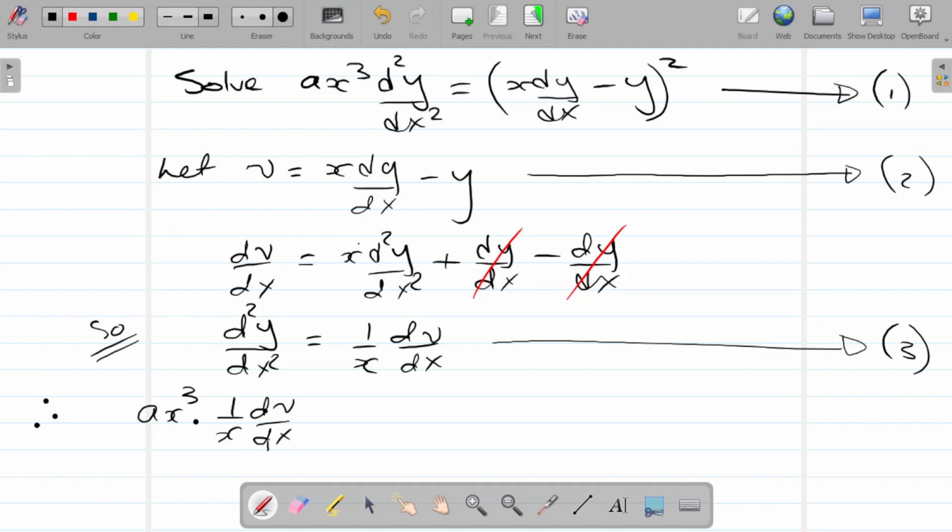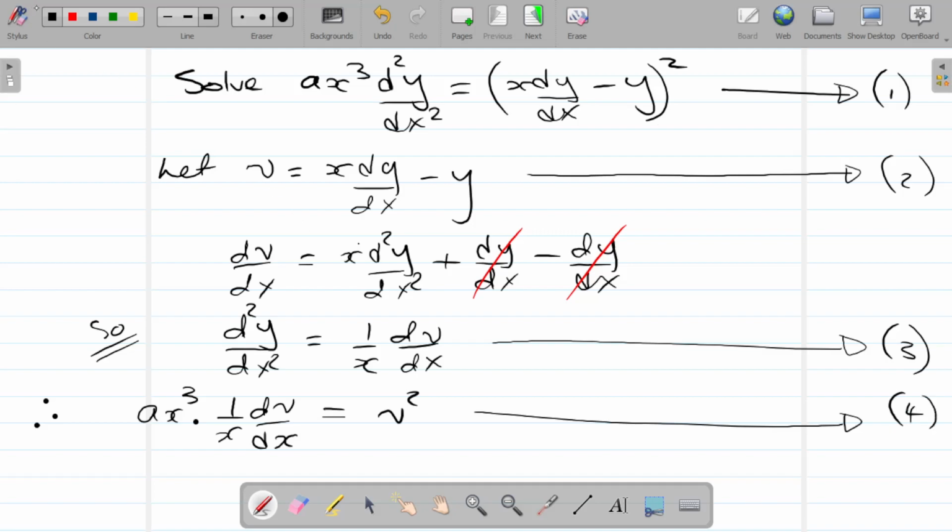So that is the left hand side, and that's equal to, on the right hand side, v squared. So, well, we'll call that equation 4, right?